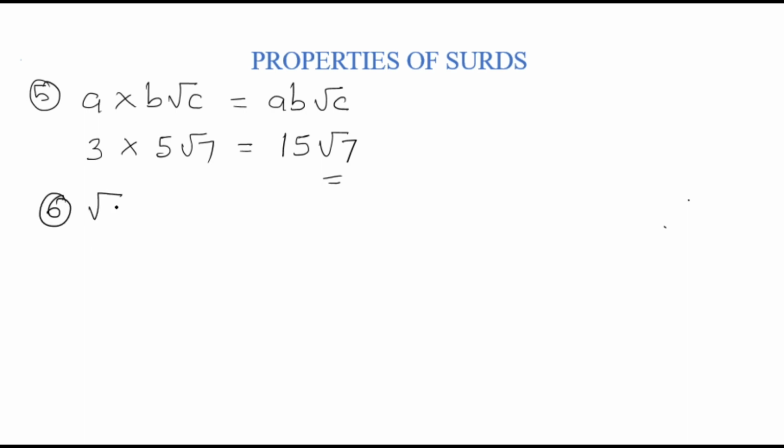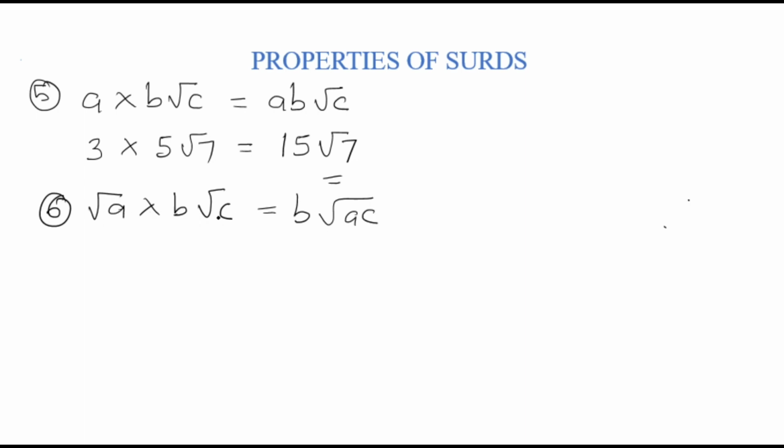Square root of A times B square root of C. Now this property is similar to property 5, just that A is now under a square root. So it gives us B, because B isn't under the square root, B root AC.